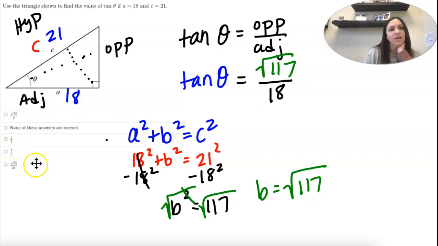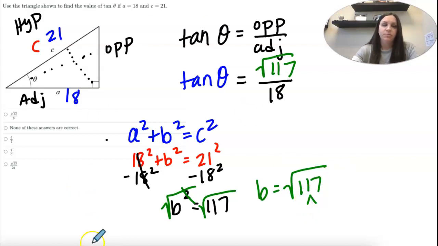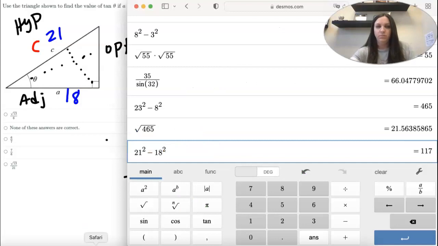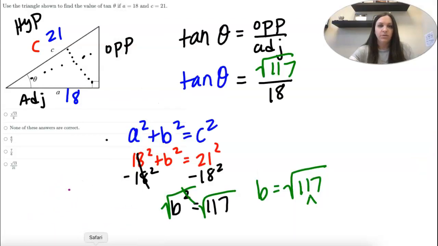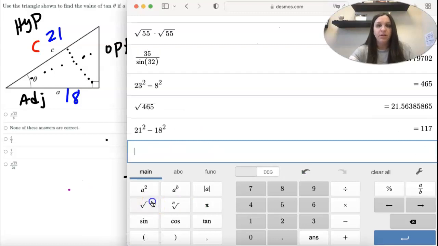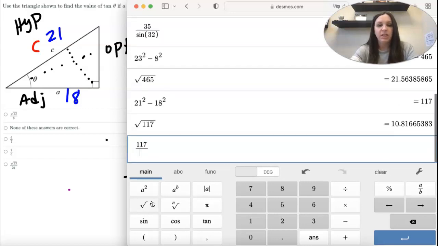And I don't see any of these here. So I'm going to see if we can reduce 117. Or maybe we can just take the square root of 117, and we can't. Alright, so let's see if we can get anything that divides. So I'm going to start with 2.